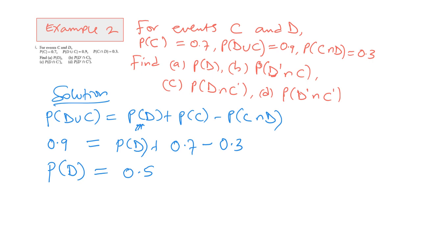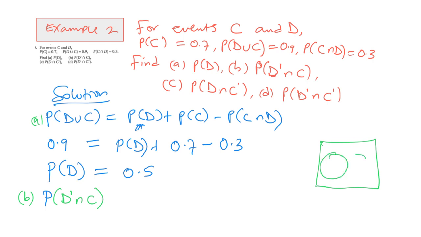Okay, and that's done. Next, this was A. Then B, they're looking for probability of D complement intersection C. If I draw something small here for you to understand this better, this is C and this is D, and this is the sample space.